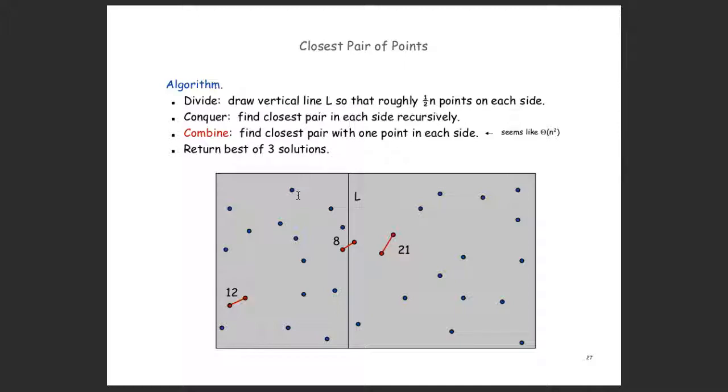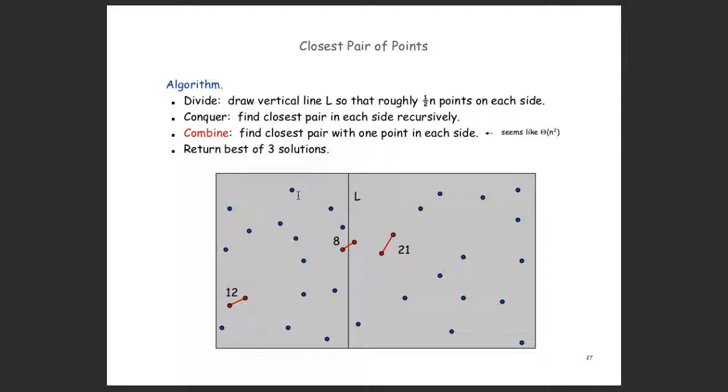Our combining is going to be finding the closest one across the line. Does that make sense? How can I make this much more efficient, rather than just testing everyone in here with everyone in here, which would still give me order of n squared rather than linear?